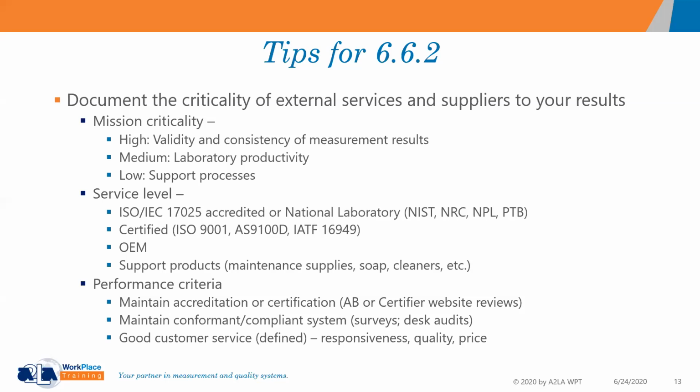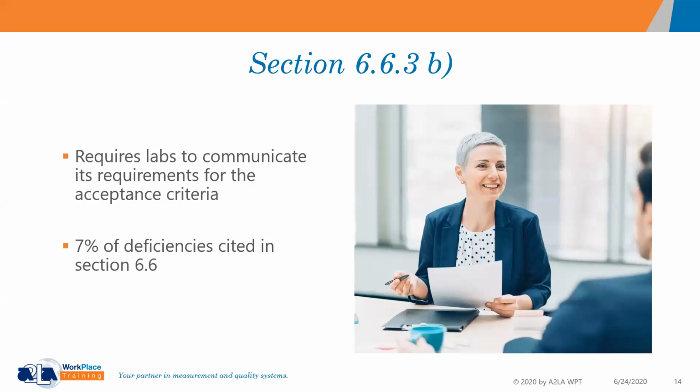So that makes up the top 4 nonconformances that are cited against 6.6. I'm actually going to talk about one of the other clauses, which is 6.6.3b. This is not a new requirement, but it's something that is less stringent in this version of the standard, 2017 versus 2005.